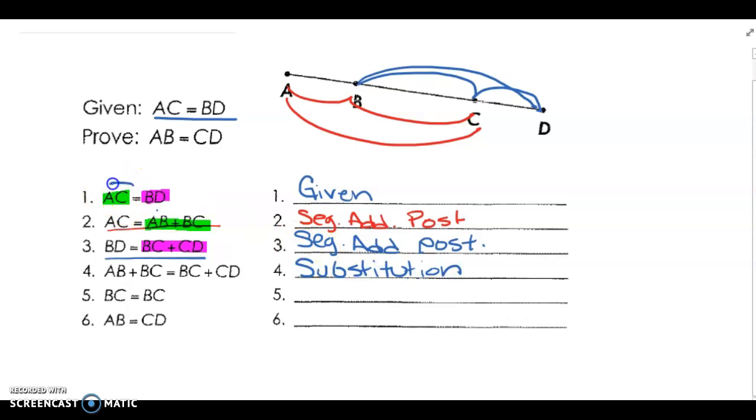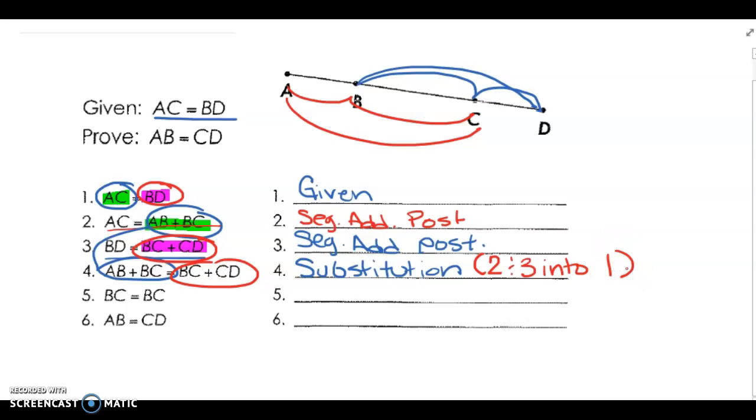For AC, I'm going to put AB plus BC, which is this part. For BD, I'm going to put BC plus CD right in here. So all I did is I substituted lines 2 and 3 into line 1.